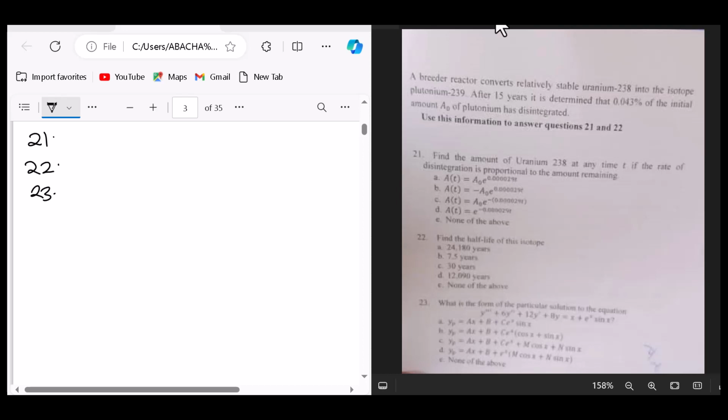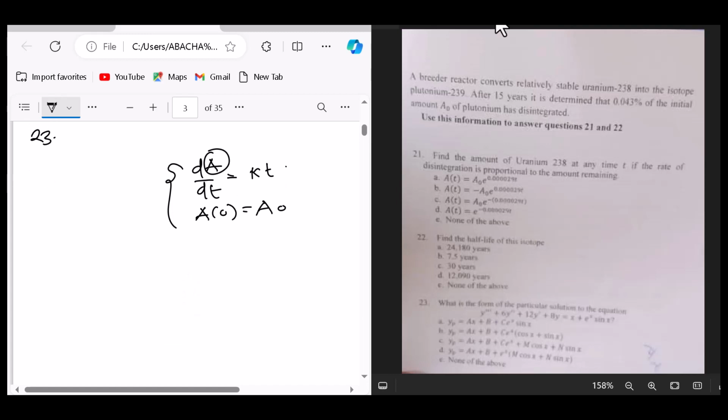Okay, so here we don't need to be modeling the equation. We just have to write the model down, and we all know that dA/dt equals kA, where A is the amount remaining, and we know that A of 0 equals A naught.